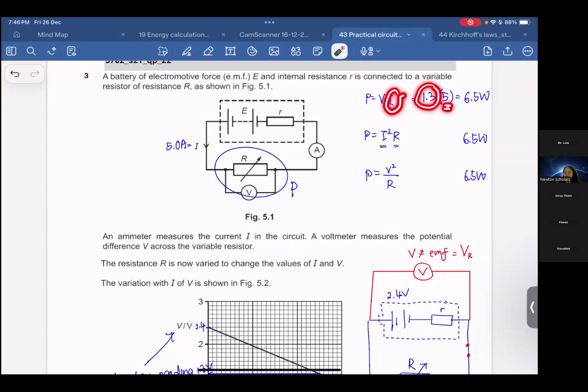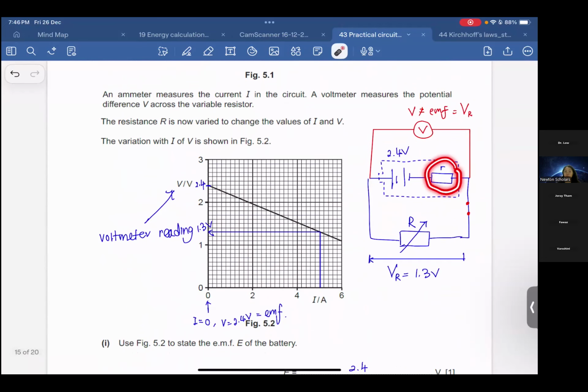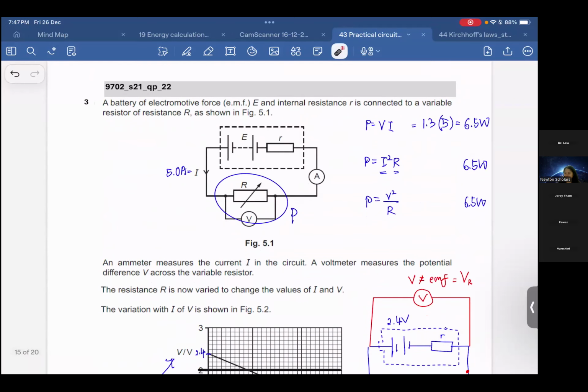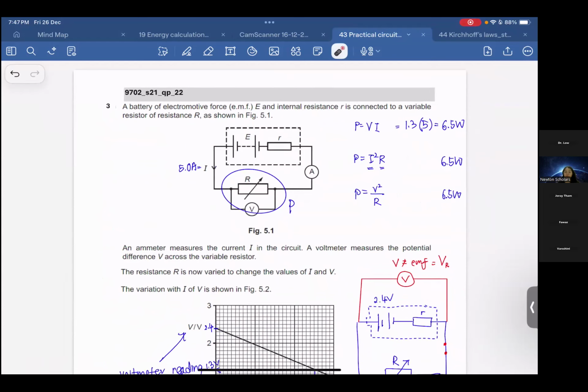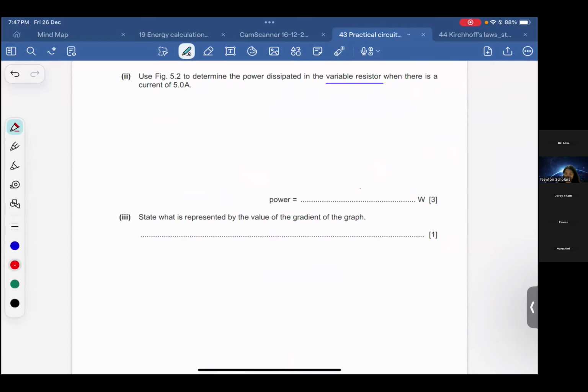But for the voltage, you have to look at how much voltage is dropped across this internal resistance. So the answer is 2.4 minus 1.3. You substitute that in. You need to read the question carefully. The answer for this one is 6.5 watt. 3 marks, boys and girls. Don't forget, always have the habit: write down the formula, substitution, final answer with unit.